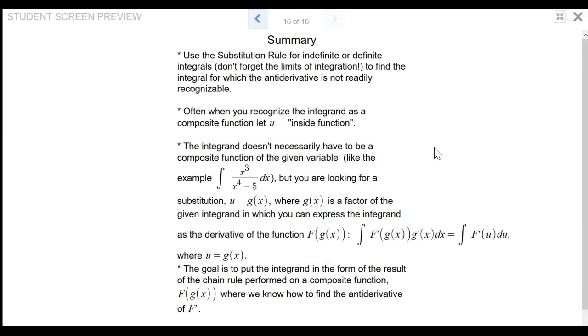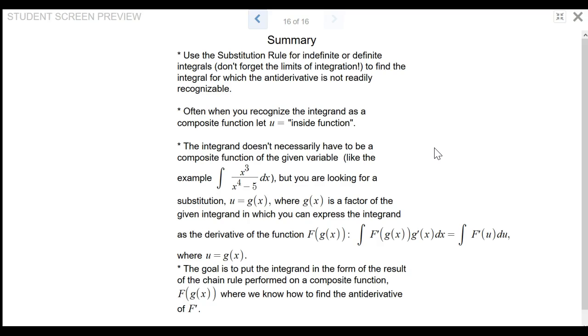So in summary, the substitution rule can be fun to use in the sense that you might need to try a couple of different substitutions. Often the inside function of a composite function is a good candidate. And remember, you need to get every part of an integral in terms of your new function u.